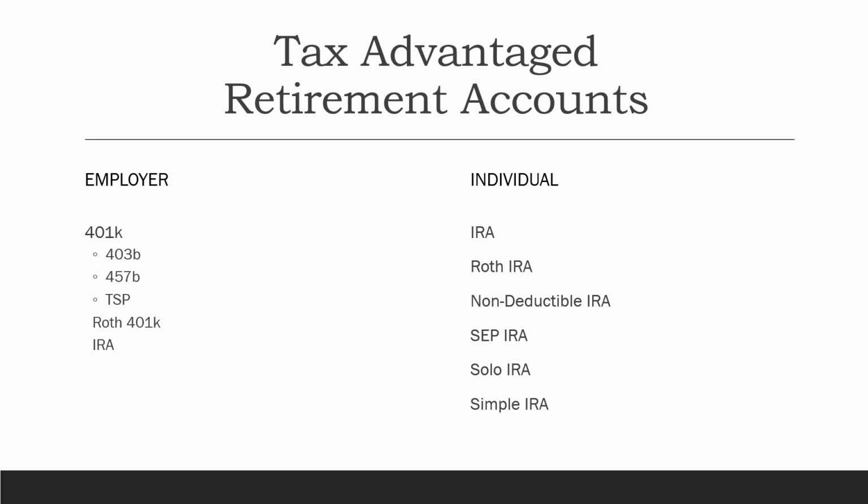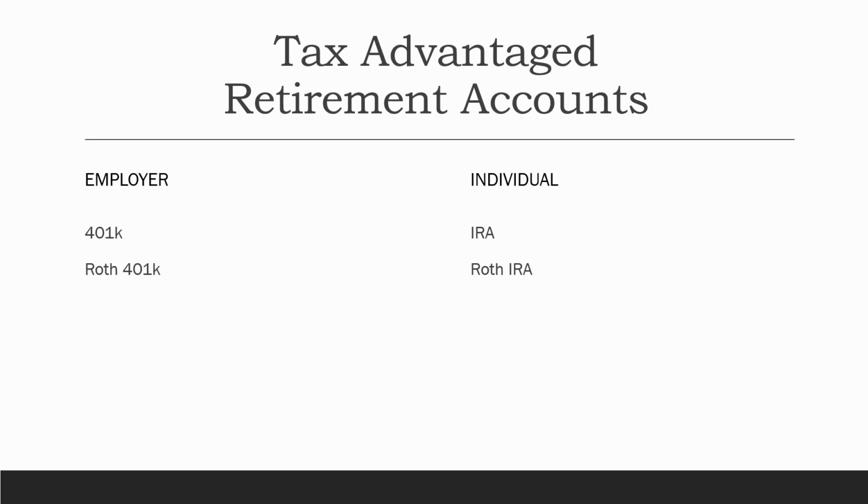Then we have SEP IRAs, solo IRAs, and simple IRAs that are designed primarily for self-employed. Today we'll primarily be talking just about the 401k, the Roth 401k, the traditional IRA, and the Roth IRA. So those four things.